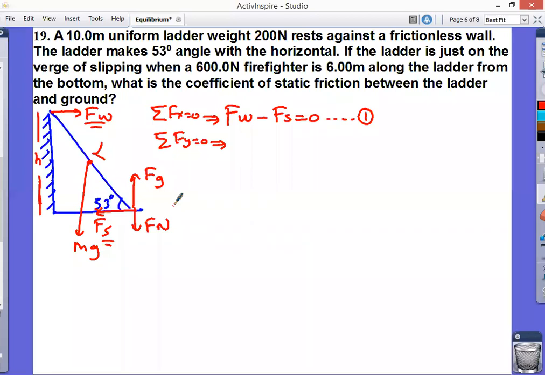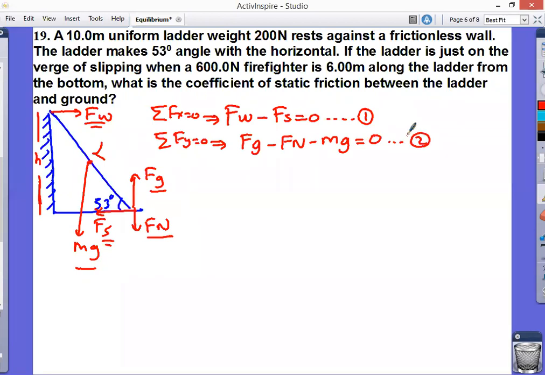So for the vertical component, we have force due to ground, our normal force, and our weight, the ladder's weight, okay? So it's going to be like this: Fg minus Fn minus mg equal to 0, okay? This is going to be our second equation.